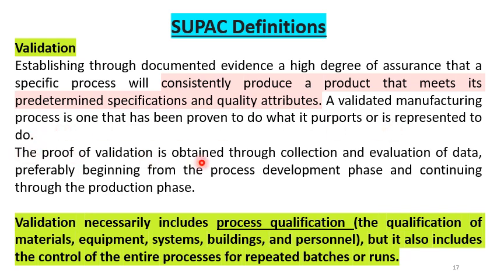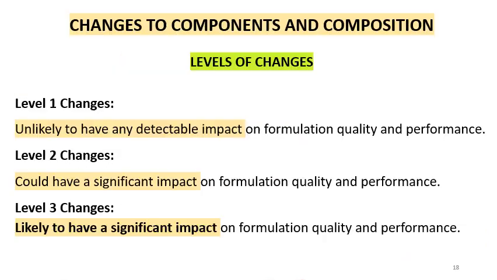The proof of validation is obtained through the collection and evaluation of data, preferably beginning from the process development phase and continuing through the production phase. Validation includes process qualification, the qualification of the material, equipment, systems, buildings and personnel, but also includes the control of the entire process for repeated batches or runs. So this is the very important terminology of validation.